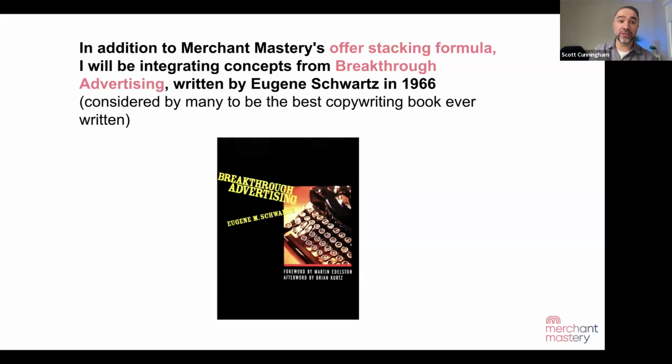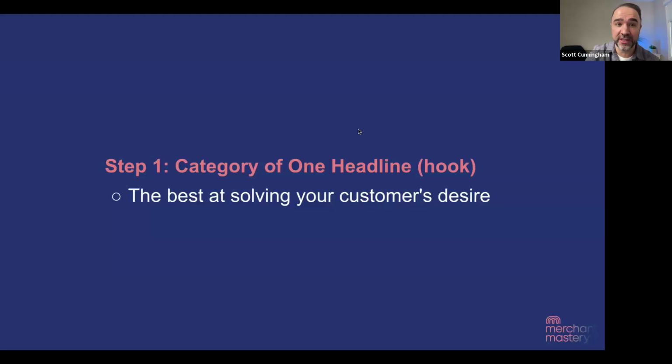As everybody knows, I've been integrating some of these principles from one of the best marketing books ever written, Breakthrough Advertising. I am going to be integrating a lot of Merchant Mastery's offer stacking formula into this entire bootcamp, but I'm also integrating some concepts from this book, written by Eugene Schwartz back in 1966, considered by many to be the best copywriting book ever written. We're going to be using some more of those principles today.